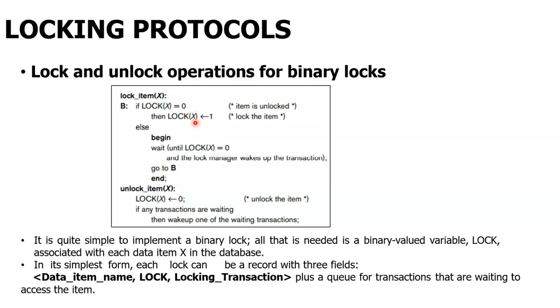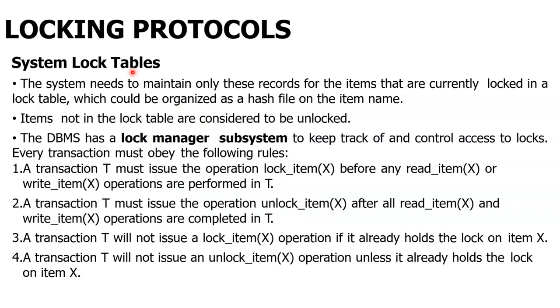You'll go into the waiting state until lock is equal to 0, and then you will go to B and end the transaction. After completing your transaction, you will unlock your item. So now the lock will be 0, and likewise the same set will be repeated.